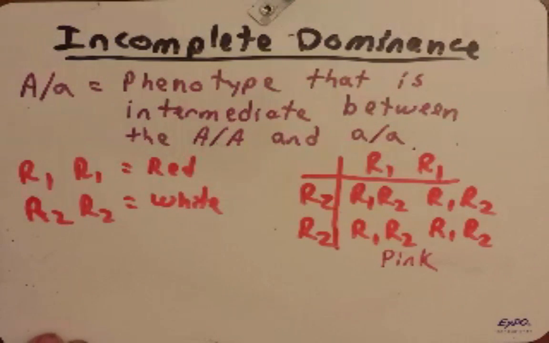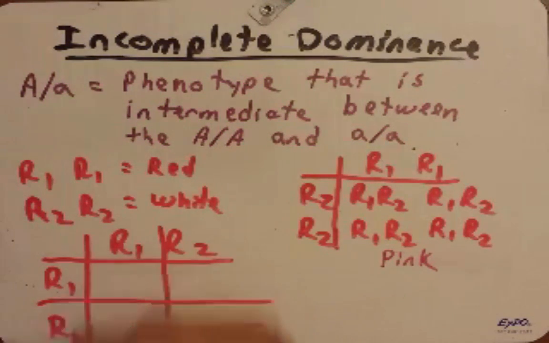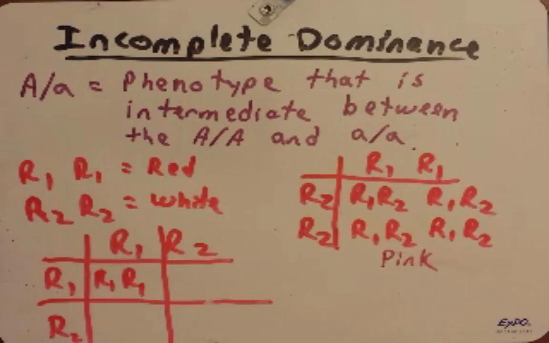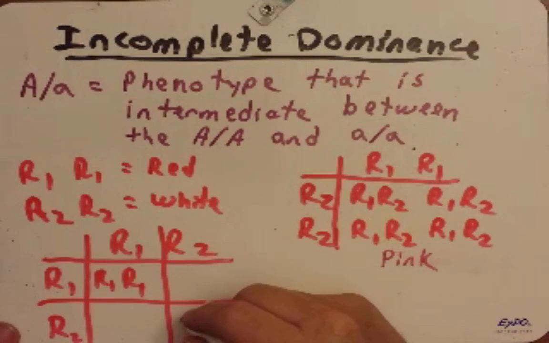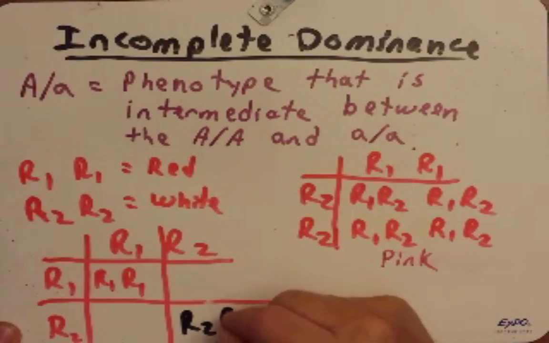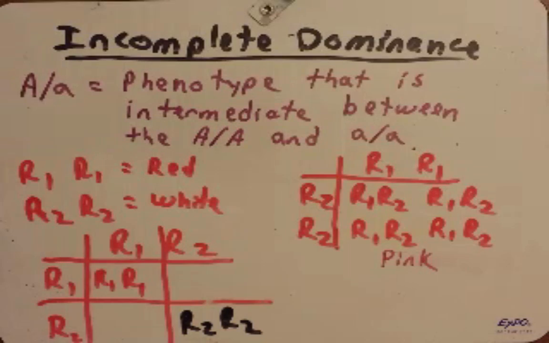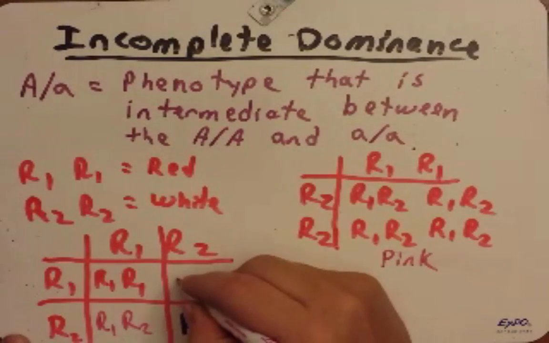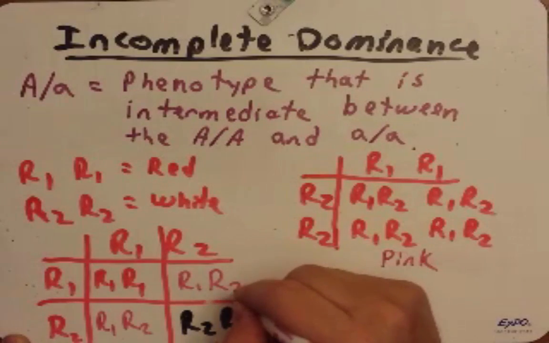Now, then if you take the F1 progeny here in the middle, F1 crosses, and you cross them to themselves, what you get is 25% of them will be red, R1, R1. 25% will be white, R2, R2. And then 50% of them will be pink, R1, R2, R1, R2.